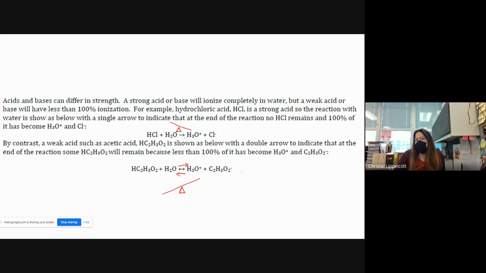If the arrow is pointing in one direction, and that is to the product side, this is a strong acid. If the arrow is pointing in both directions, and typically when we write this, we write it without that being so wavy in the middle. We write it as a front and back arrow. If you see that, then that means that it's going to be a weak one.